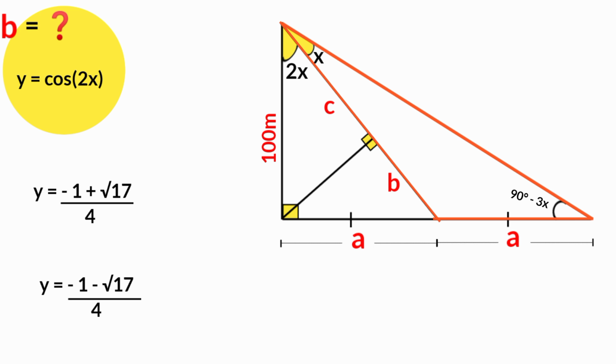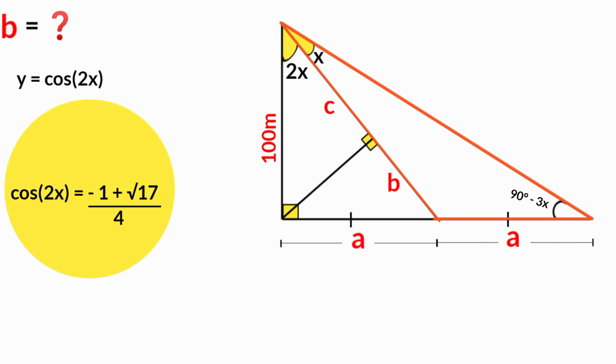Recall y is the cosine ratio of 2x, and this y is the same as minus open bracket 1 plus root of 17 all over 4. The cosine of 2x can't be negative, so cos 2x equal to minus 1 plus root of 17 all over 4, which is root of 17 minus 1 all over 4.